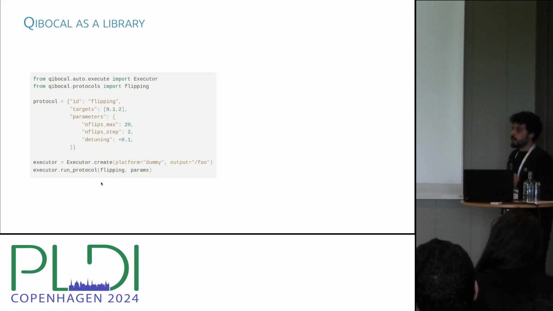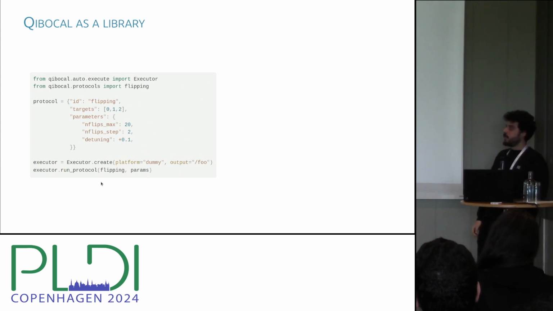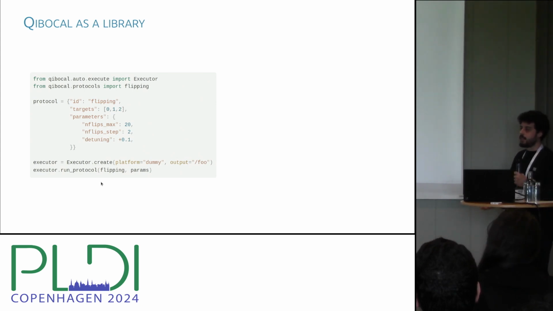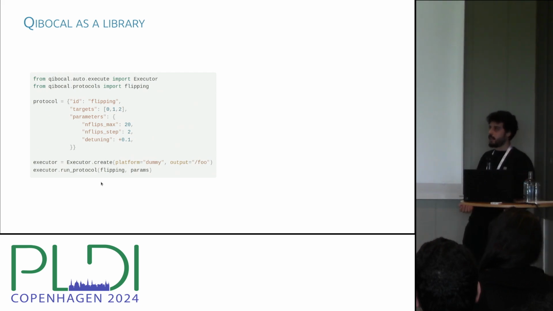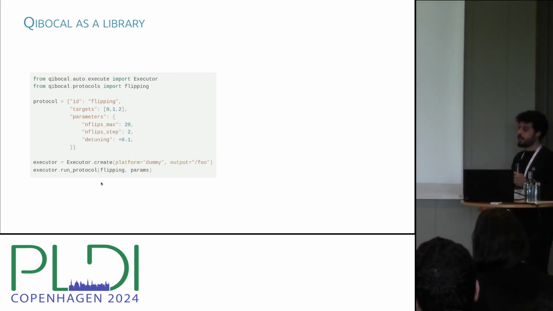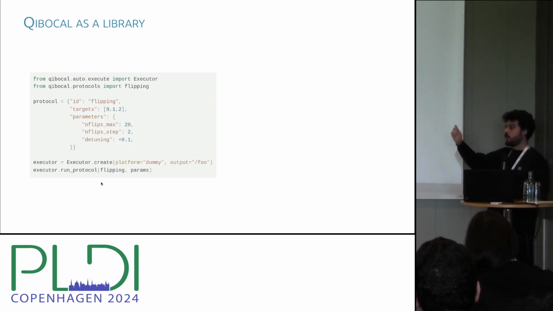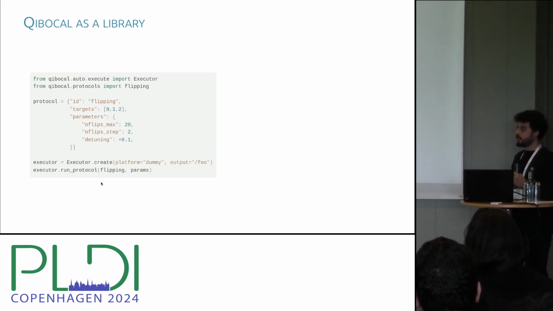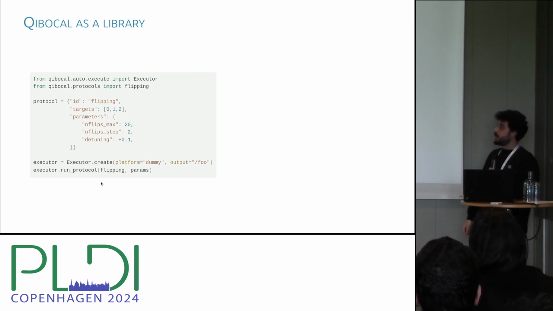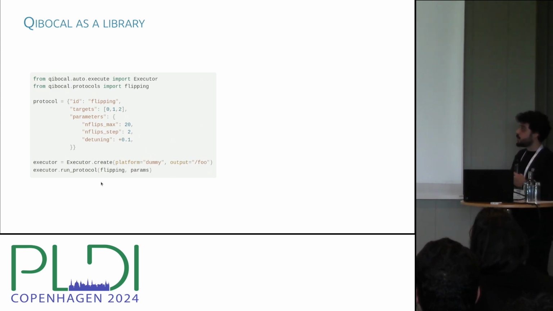Sometimes, since we are using Qibocal to calibrate our quantum devices, we realize that for specific tasks, writing a YAML could be cumbersome, and sometimes we also want not to follow a linear set of instructions, but do some if-else and so on. So for this reason, we are also developing Qibocal as just an API.